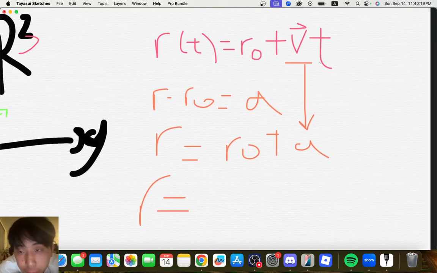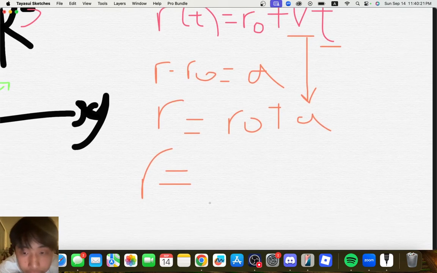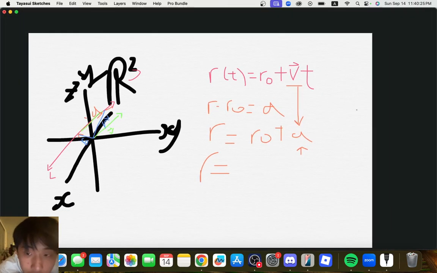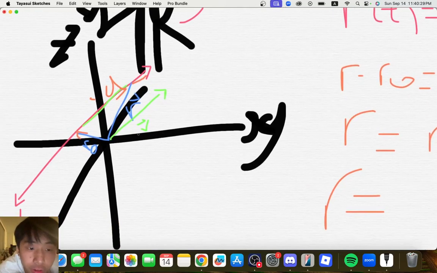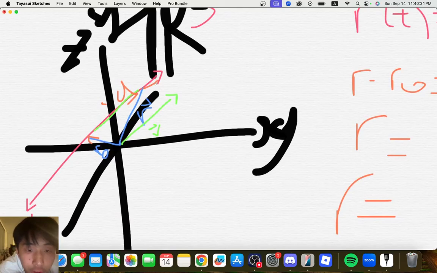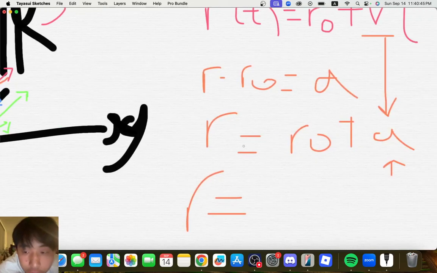V is the slope and t is x. This A is just to represent that vector. So no matter how far R goes to the right or left, like let's say this was R again, then this is our new A, because it's pointing that way. So that's what this equation is saying.